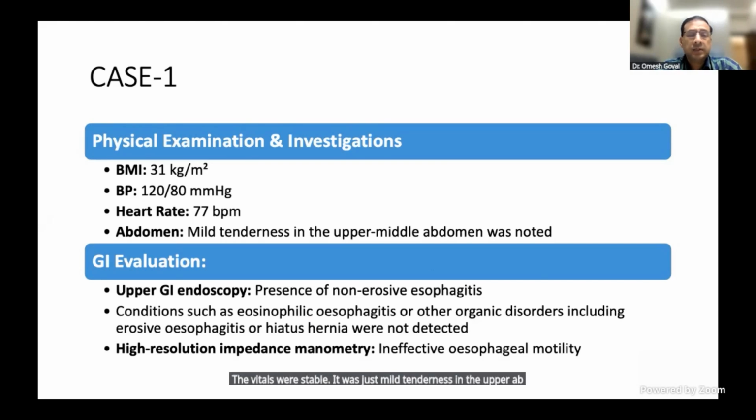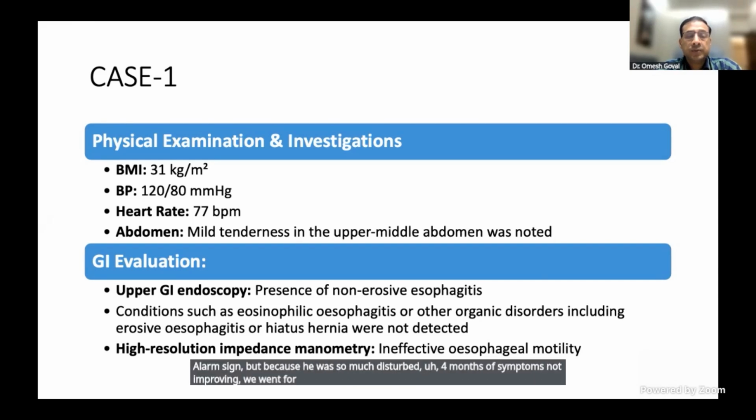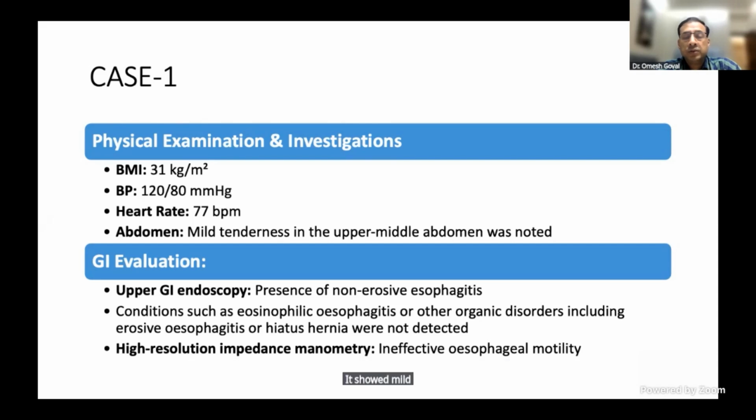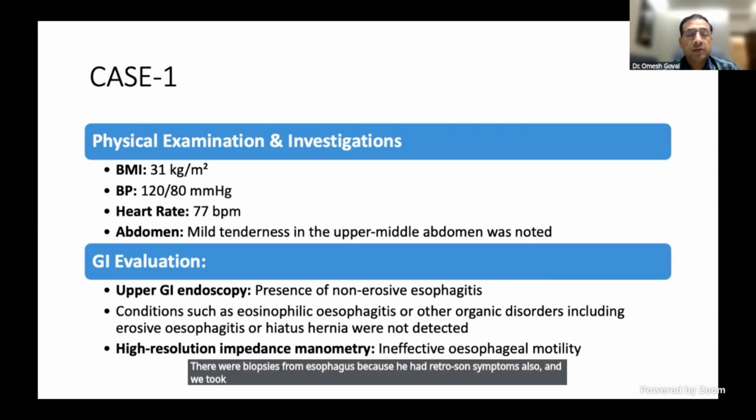Basically, he did not have any alarm sign, but because he was so much disturbed, with 4 months of symptoms not improving, we went for upper GI endoscopy. It showed mild non-erosive esophagitis. We took biopsies from the esophagus because he had retrosternal symptoms also, and we took biopsies for H. pylori also.